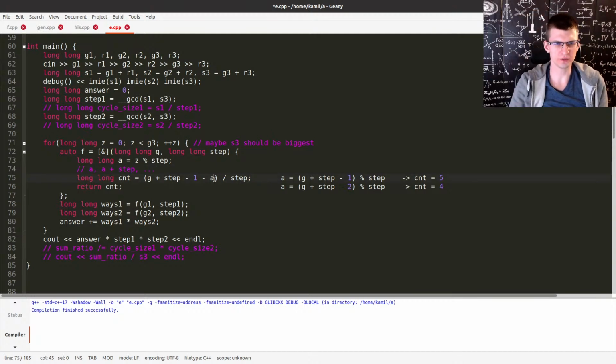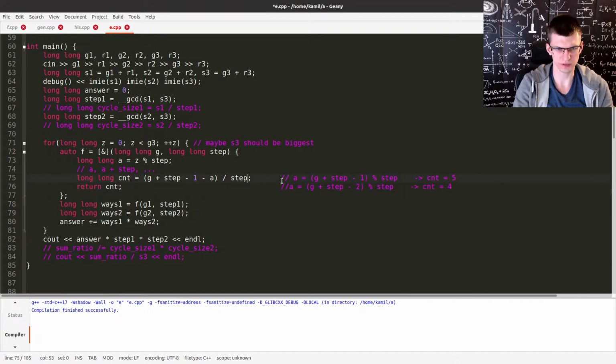For the whole time now, I thought that this is z, the value from there. No, I didn't think so. That would be stupid. G plus step, that's completely constant. Minus 1, that's constant. So this can have only 2 different values? Because this ranges from 0 to step minus 1. Wow.